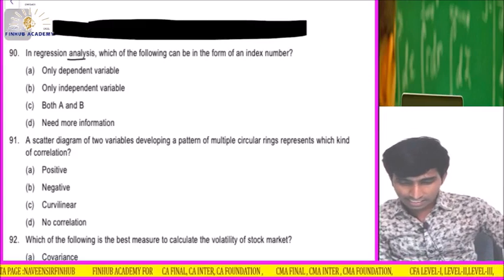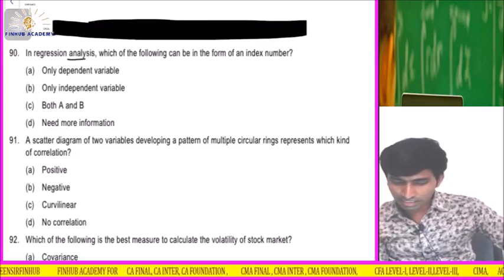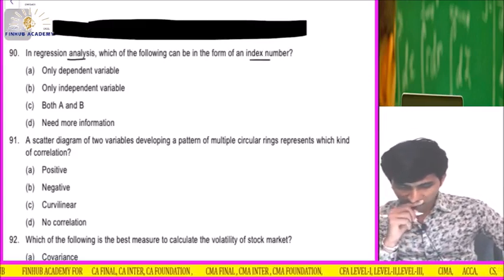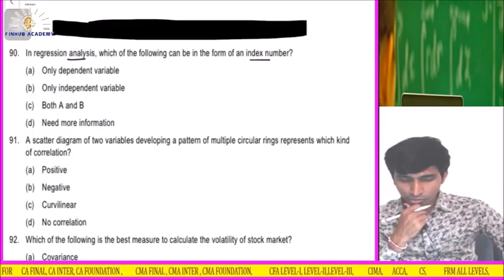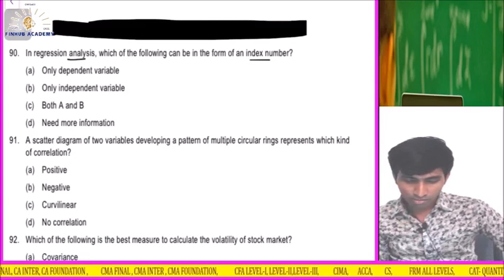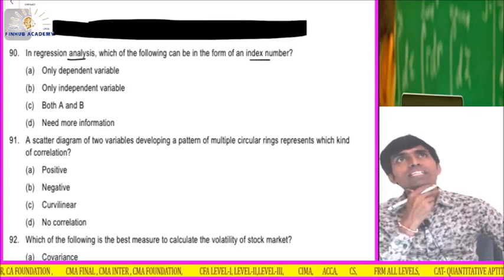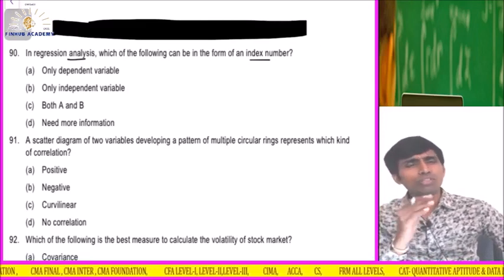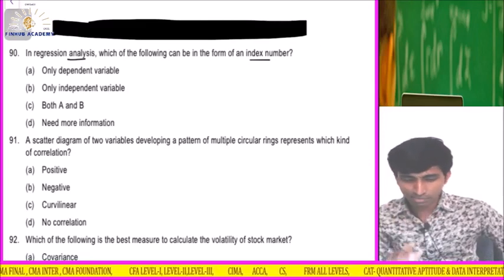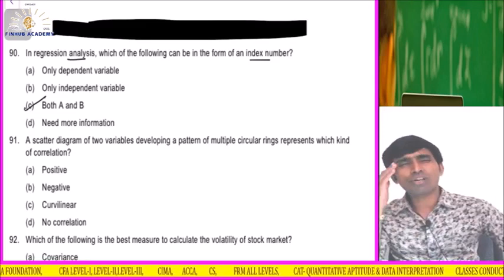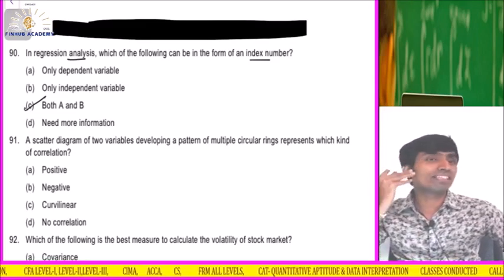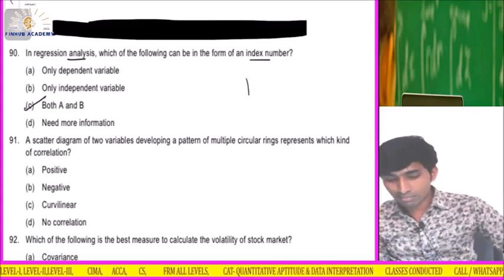In regression analysis, which one of the following can be in the form of index number? So whether the dependent or independent, which can be in the form of index number? Not only the dependent variable; both dependent as well as independent can be index number, not a big deal. Because what happens in higher level statistics, if index number means it will be a big number.